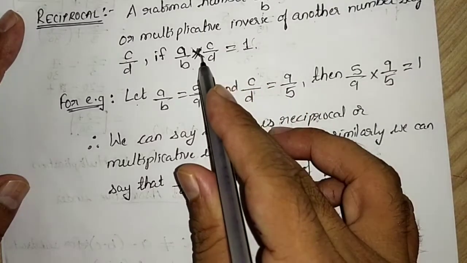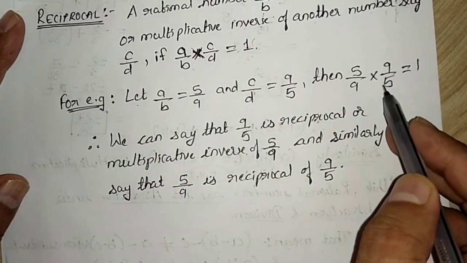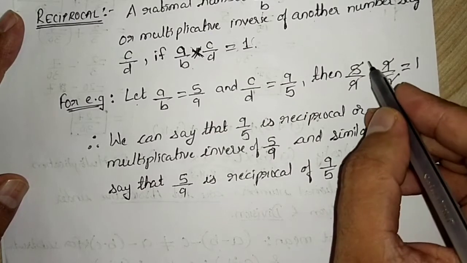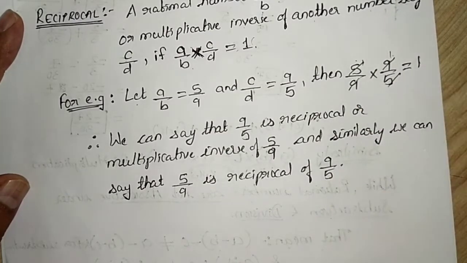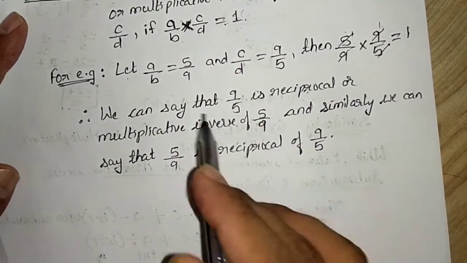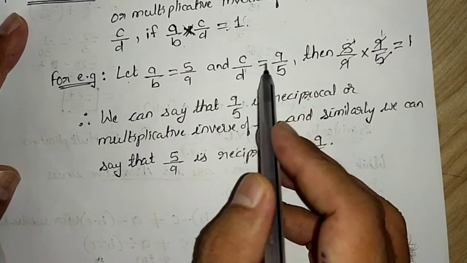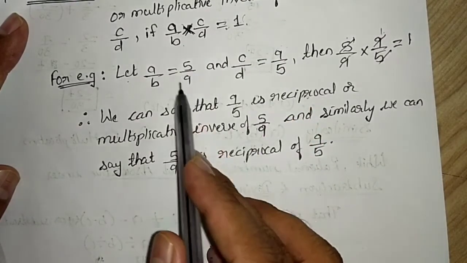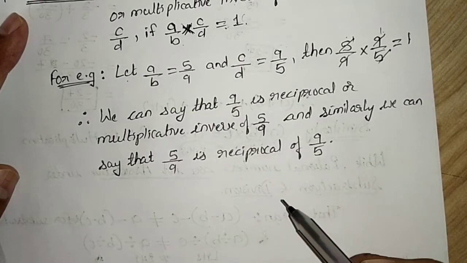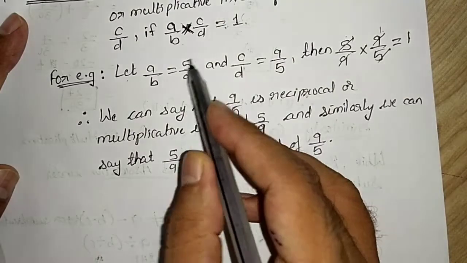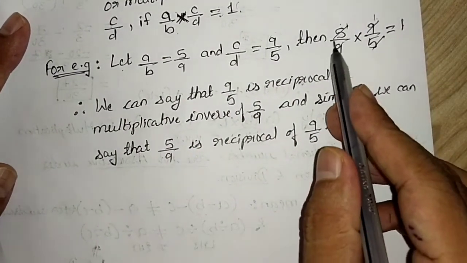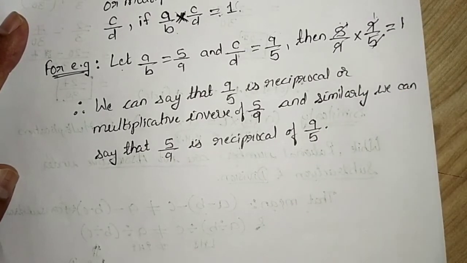So multiplying a divided by b and c divided by d, 9 will cancel out, 5 will cancel out. So the resulting answer is 1. So we can say that 9 by 5 is the reciprocal of 5 by 9. Similarly, we can say that 5 by 9 is the reciprocal of 9 by 5, because on multiplying both we get the resulting answer as 1.